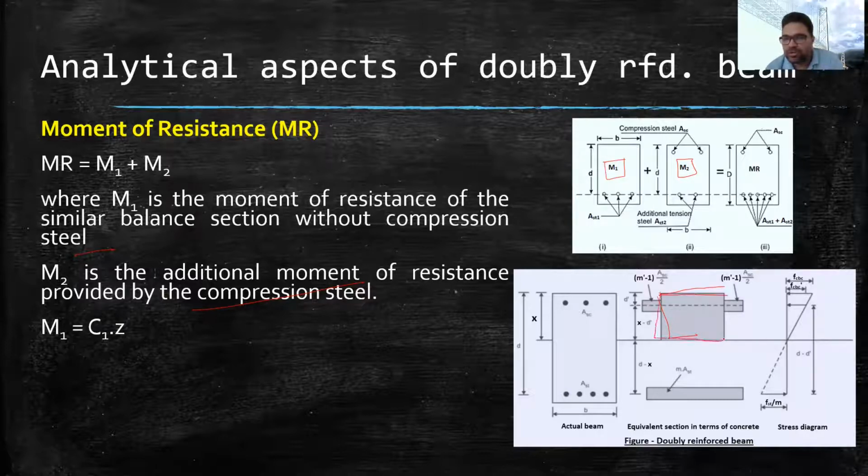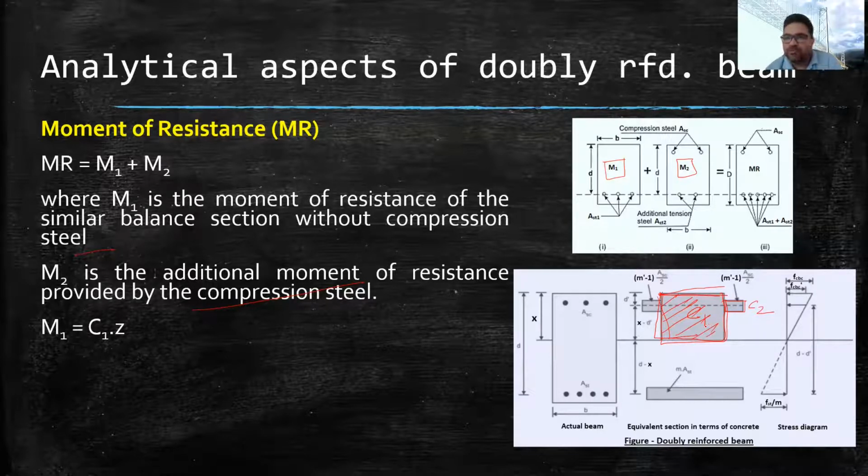This is the concrete area which is resisting the compressive force, and this is the equivalent area in place of compression steel. But actually there will be compression steel, which will experience another force, say C2, and this concrete area will experience the C1 force, which is compressive force. So both the compression steel and the concrete experience compressive force, and I am representing them as C1 and C2.